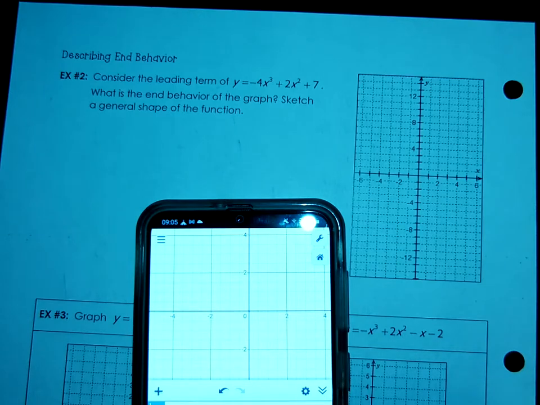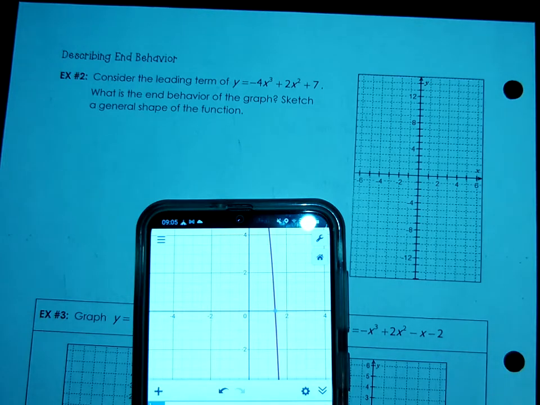That's a negative 4x to the, oh, I want 3, not negative 3, positive 3, plus 2x squared plus 7. Whoops. I want the plus 7 at the end. There we go. Negative 4x cubed plus 2x squared plus 7.